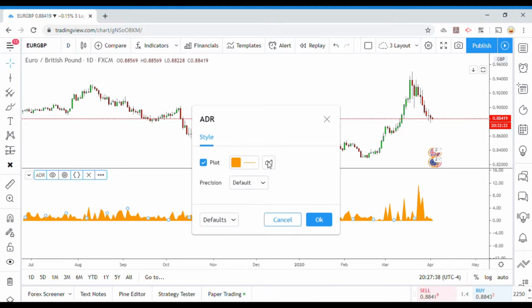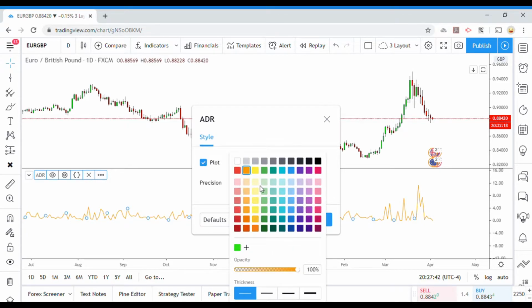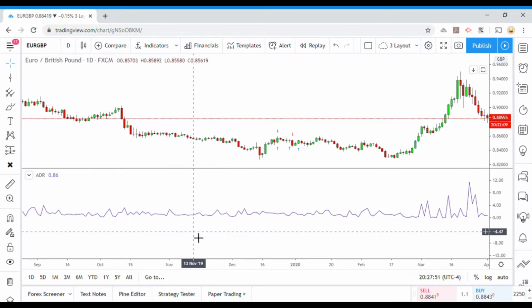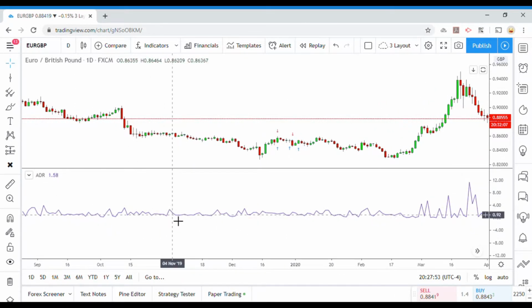Now, before we throw this indicator out the window, let's go back here. Let's leave it, let's go purple. Maybe you guys can see it a little better that way.